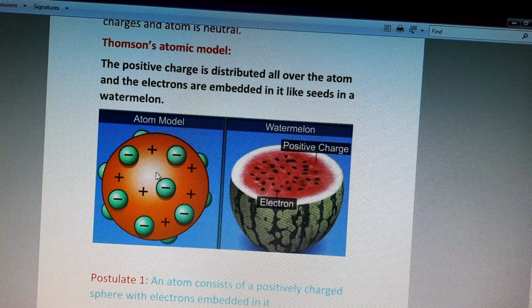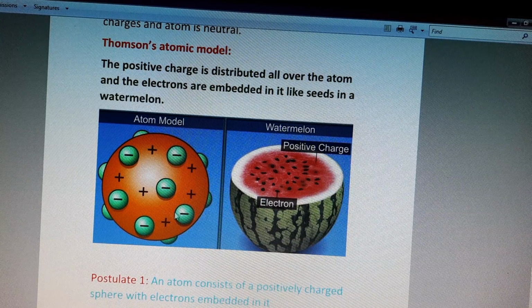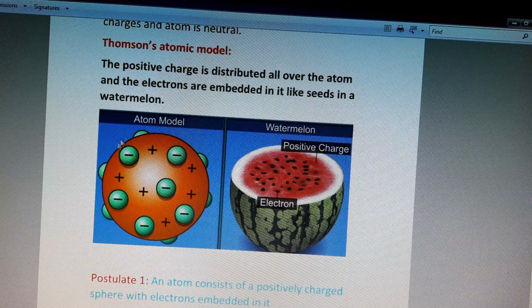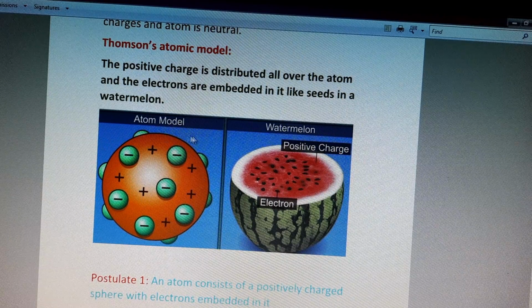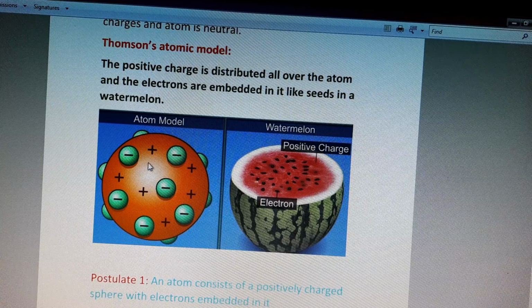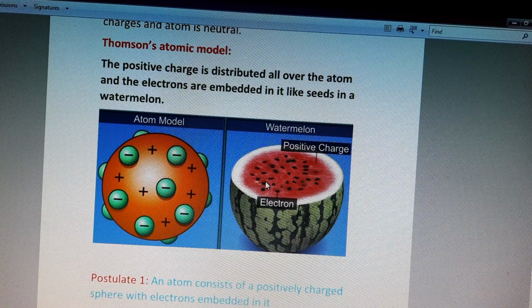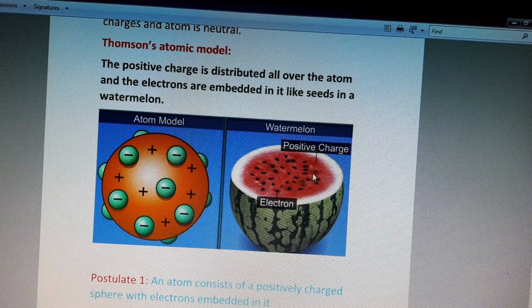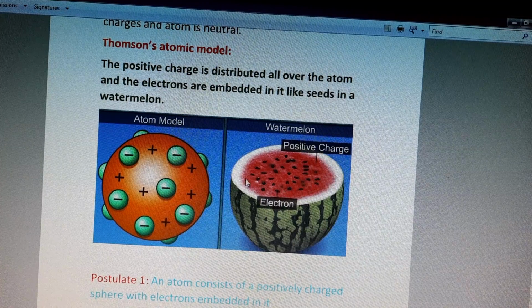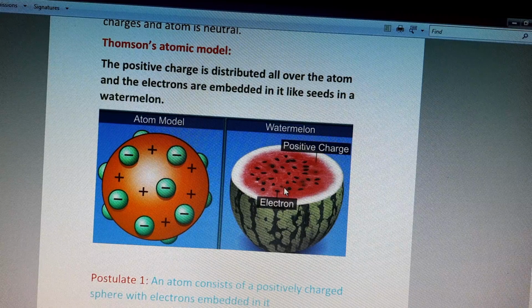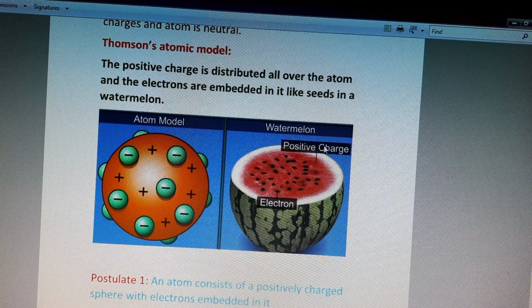So the Thomson atomic model is compared to a watermelon. In this watermelon, the seeds are the negatively charged particles, meaning electrons, and the remaining substance is equal to the positive charge.